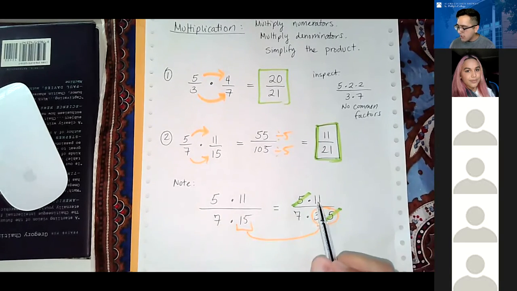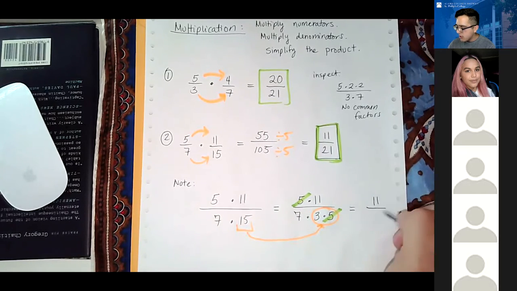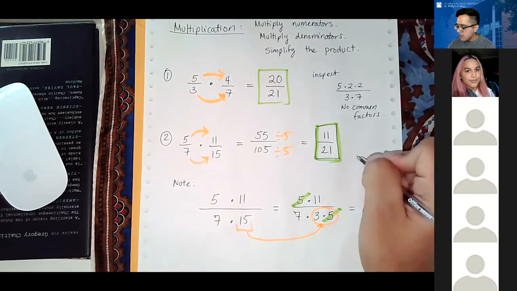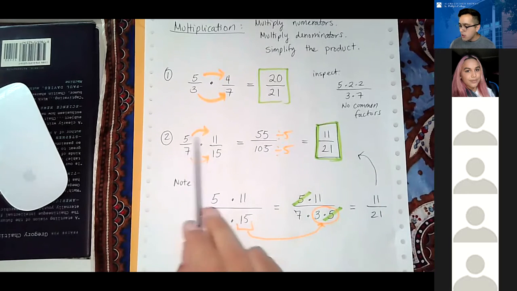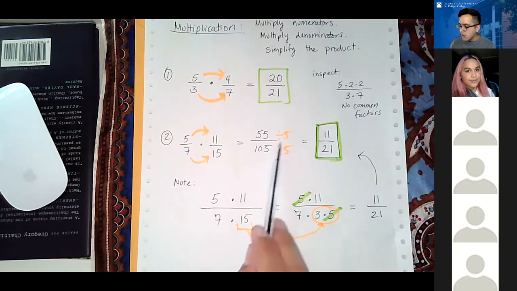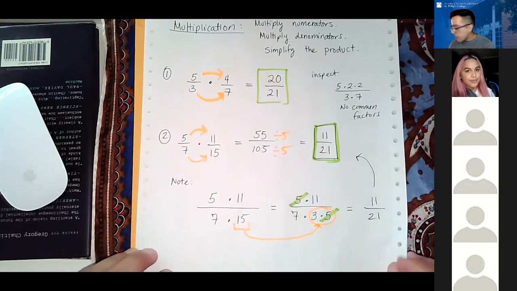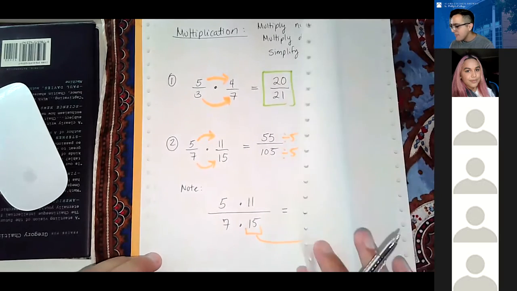And then all we're left with is our 11 and then 7 times 3 on the bottom, which is the 21. Well, it turns out you can multiply them out and then figure out how to reduce this later. Or if you identify that there is some common factor already in this multiplication, you can cancel out that common factor at the very beginning. It's a neat trick. Okay, let's look at another example.